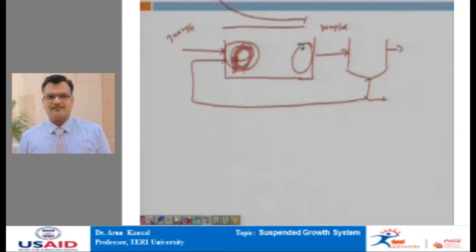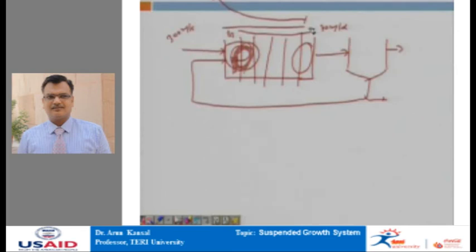Therefore, there is a different oxygen requirement in different sections of the aeration tank, and this is what we mean by tapered aeration, that is, we give a very high level of oxygen supply in the initial stages and the oxygen supply proportionally reduces as we move ahead in the aeration tank. So, this is what is known as tapered aeration.